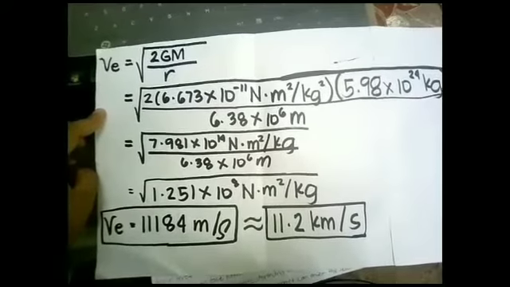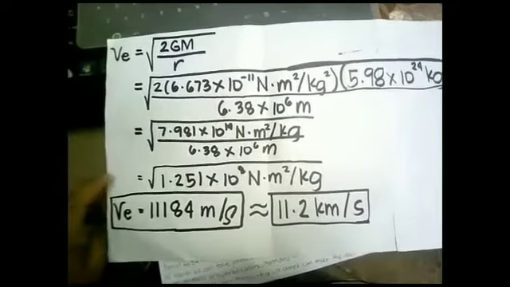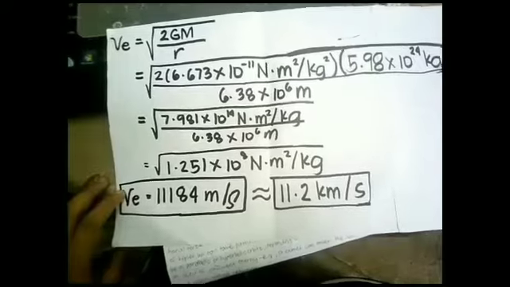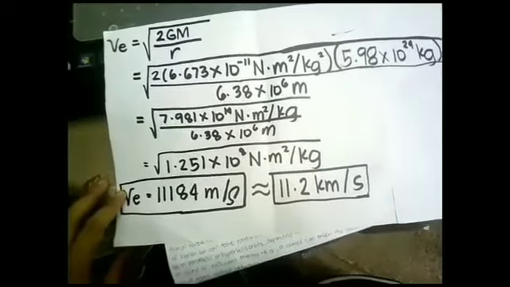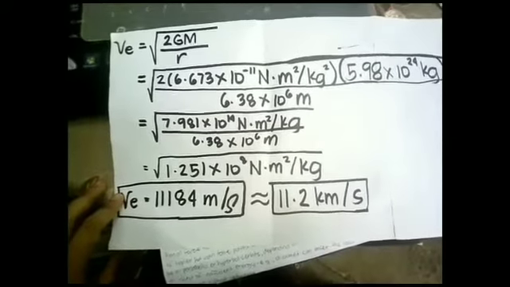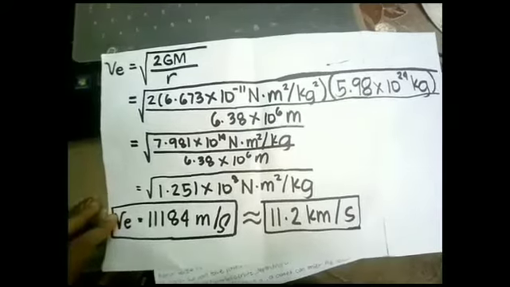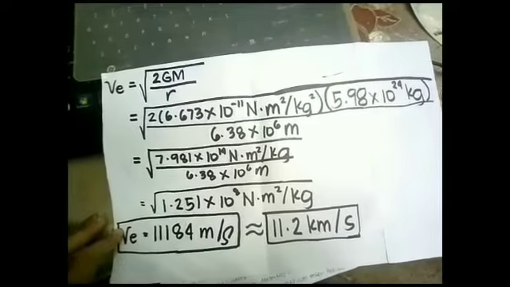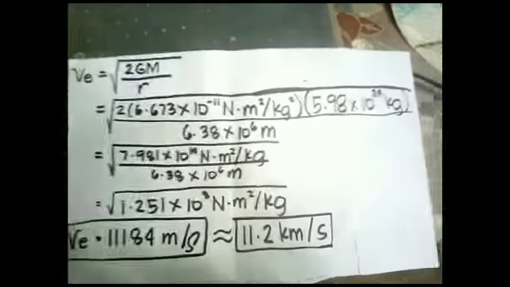By using a scientific calculator, you will get the answer. The escape velocity of the Earth is equal to 11,184 meters per second, or approximately 11.2 kilometers per second.